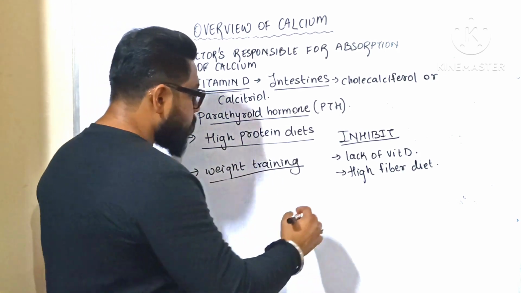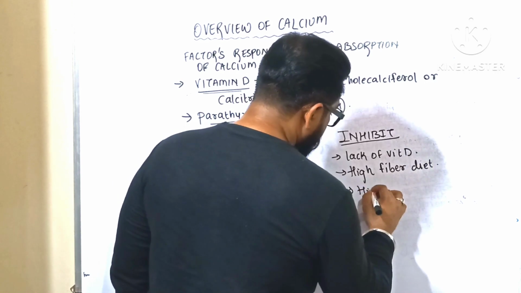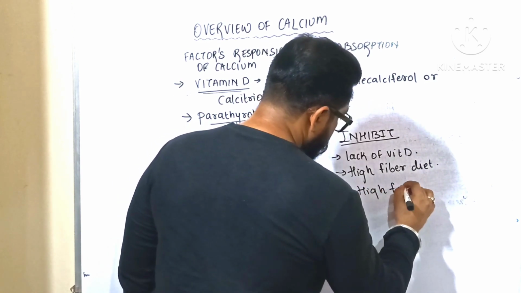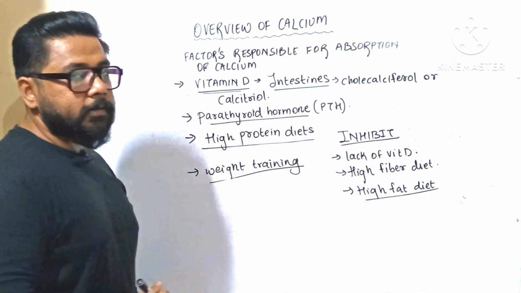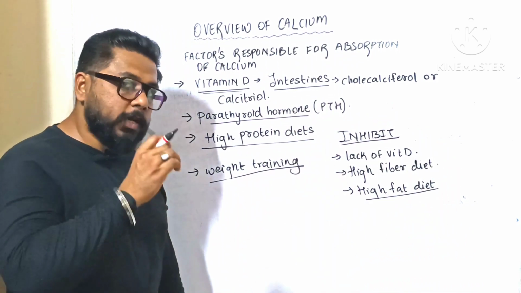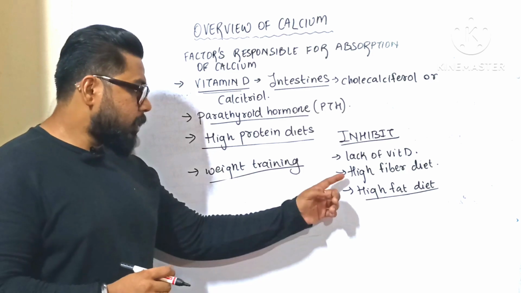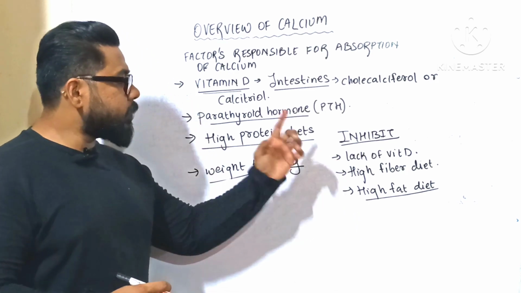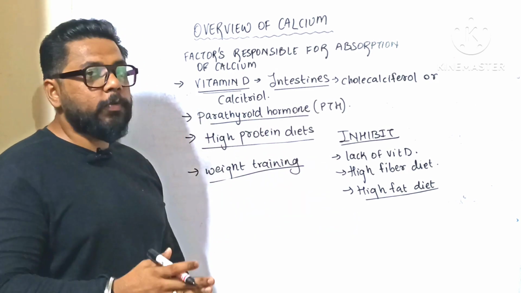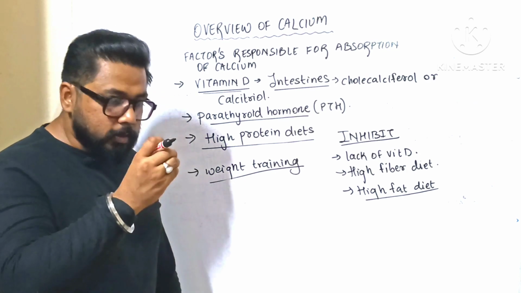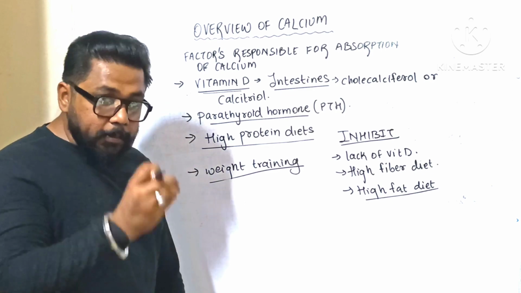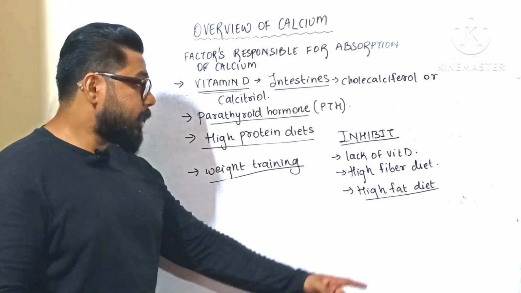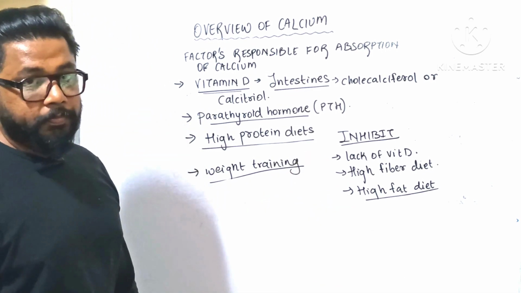Third, high fat diet. So somebody who is having a high fat diet, a high fiber diet, and a low amount of vitamin D, these are the factors which are responsible for limiting or inhibiting the absorption of the calcium.